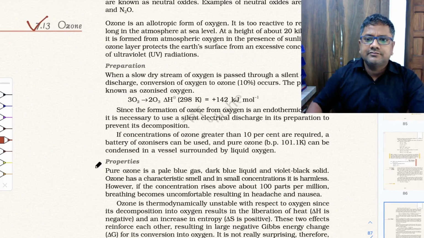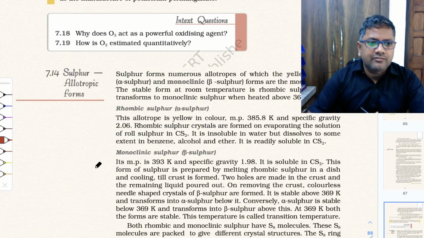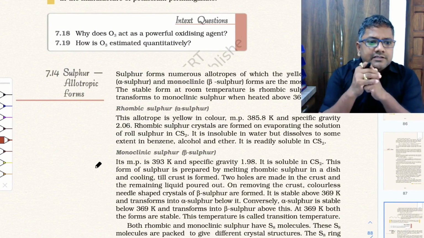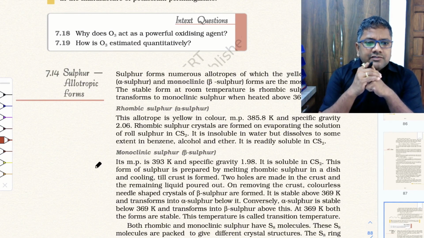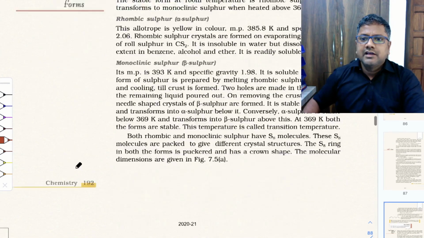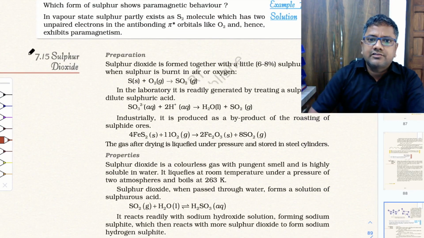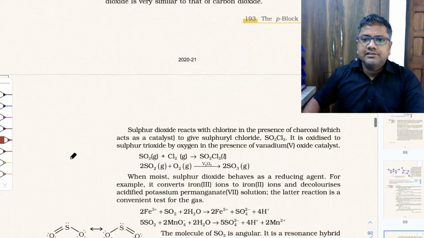And sulfur allotropic forms is there. Compounds of sulfur, preparation, properties, uses of sulfur dioxide, it is in your syllabus, means phosphorus completely removed, but sulfur is there, sulfur dioxide is there, right?